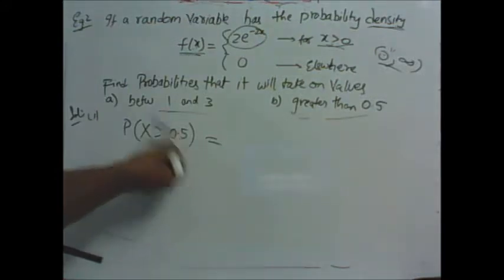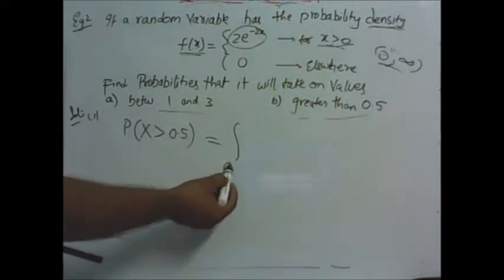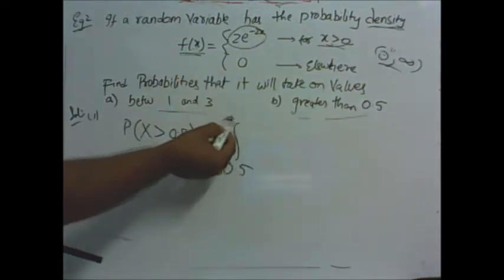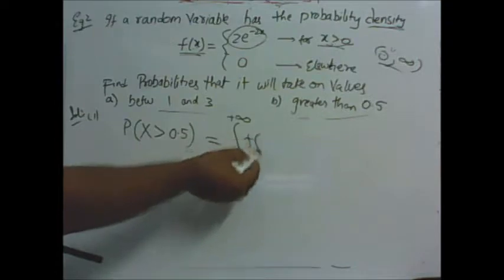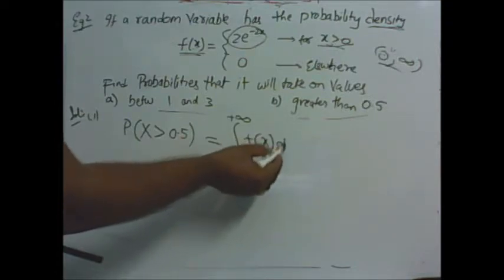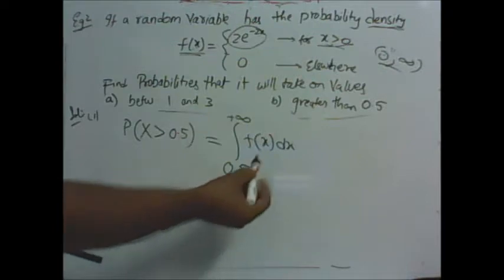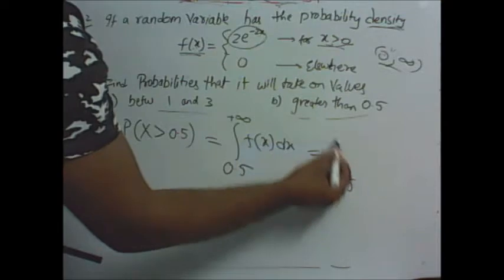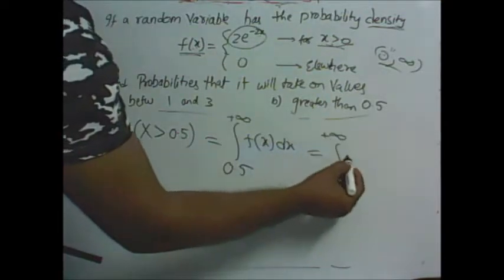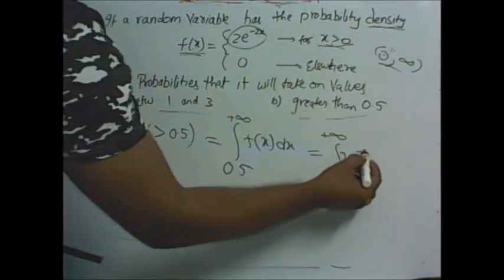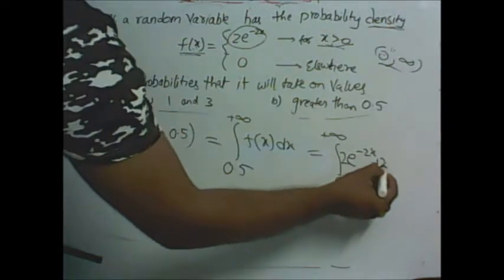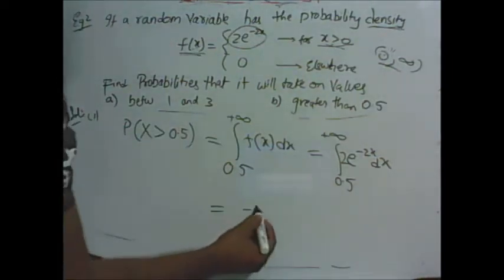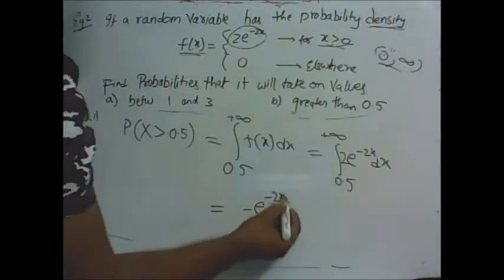Greater than 0.5 means the lower limit will be 0.5, up to plus infinity, of f of x dx, which is again the integral from 0.5 to plus infinity of 2 into e power minus 2x dx, which is equal to minus e power minus 2x.